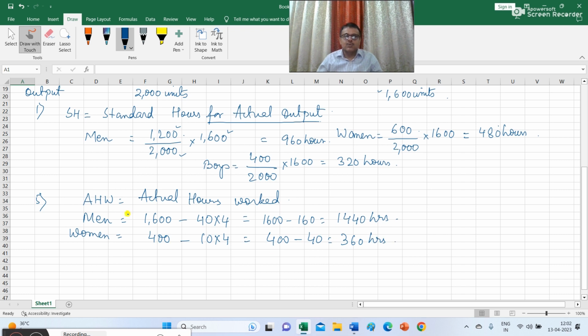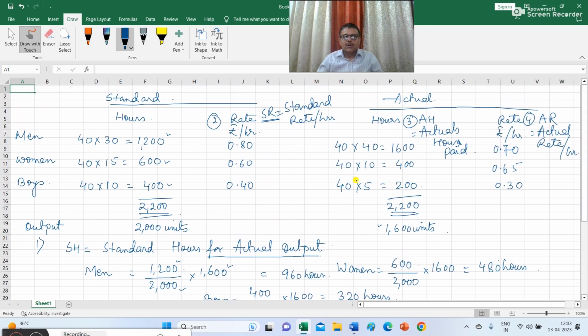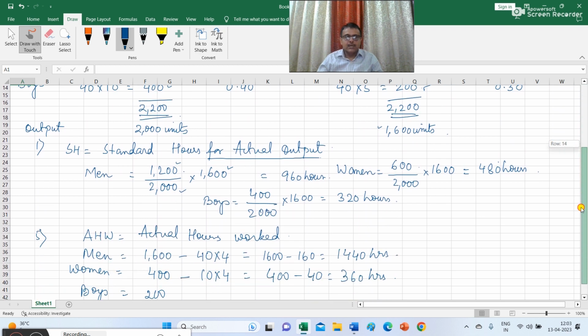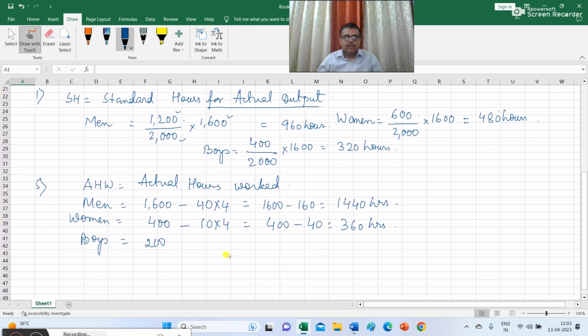So actual hours worked for women is 360 hours, and for boys it will be 200. So actual hours for boys were 200 hours, and 200 minus, there were 5 boys, each boy lost 4 hours during a week. So 200 minus 20 is 180 hours.